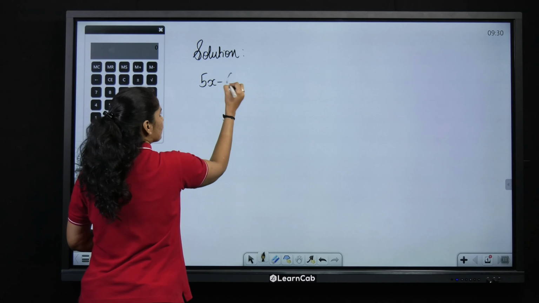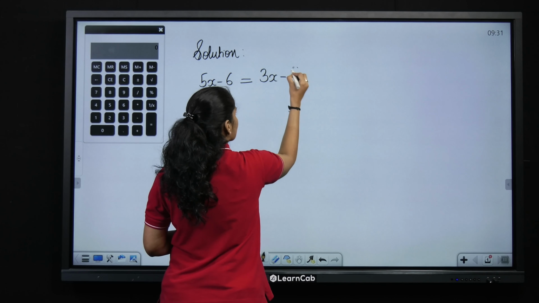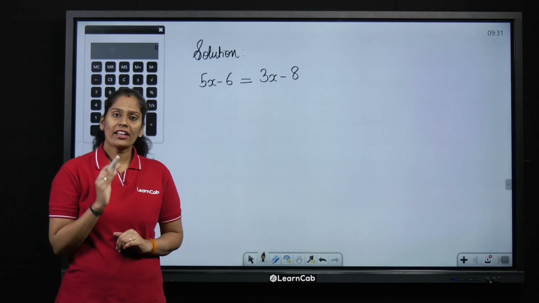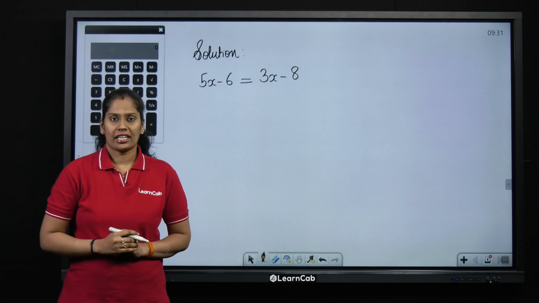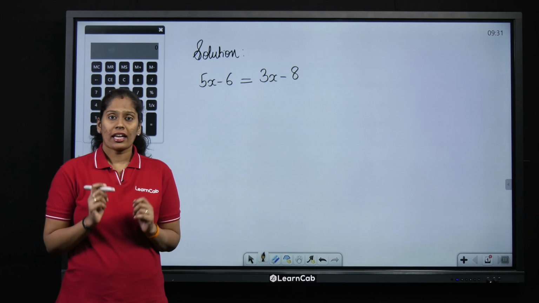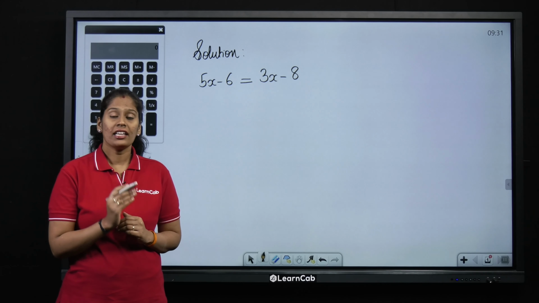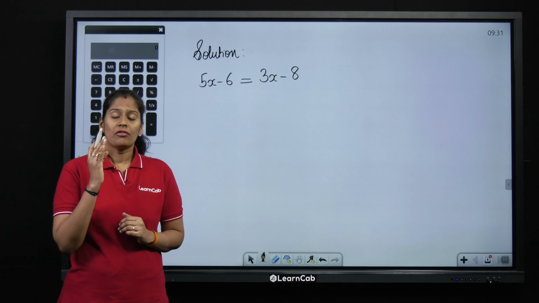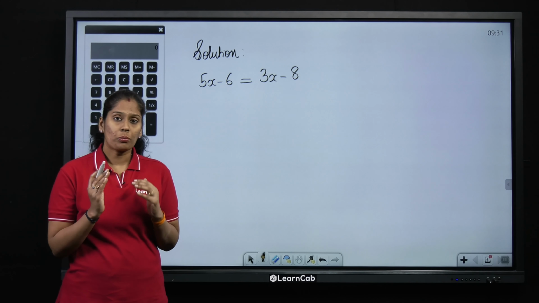5x minus 6 equal to 3x minus 8. Now I have to take all the variables on the left hand side and all the constants on the right hand side. But when we do it, we have to check the signs properly.